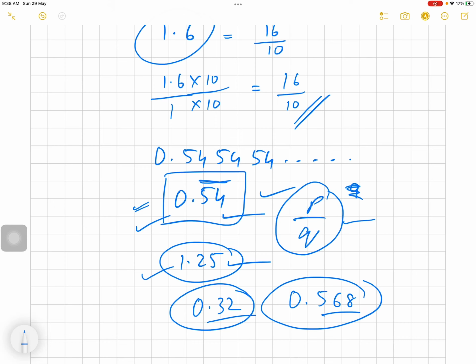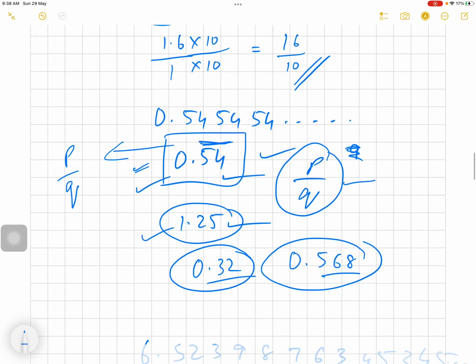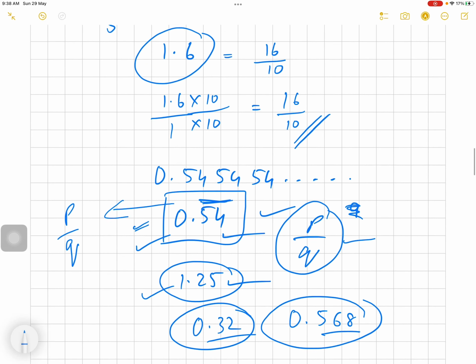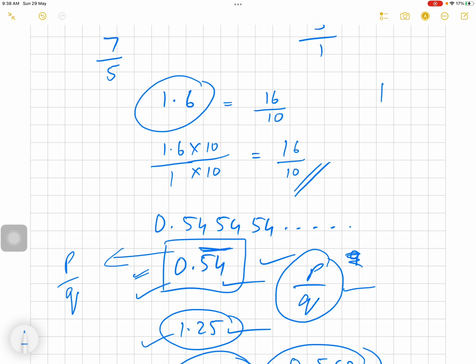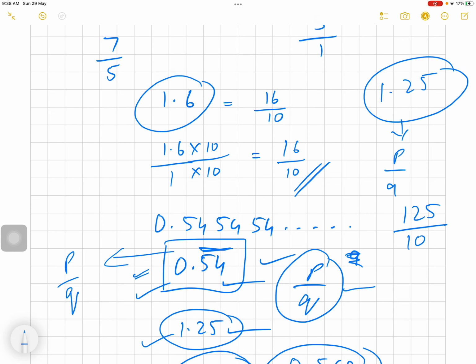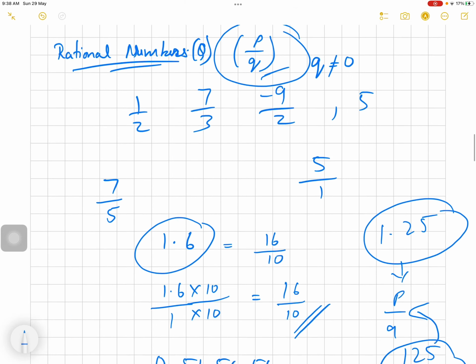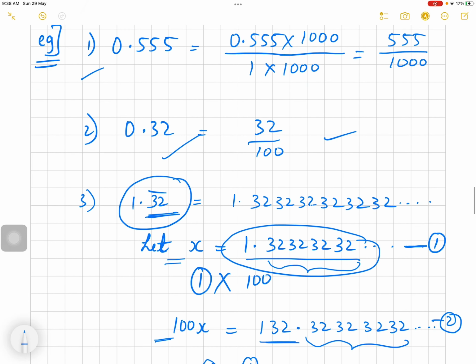A decimal number which is recurring is called a rational number because it also can be written in the form of p by q. The numbers which are terminating, for example 1.25, this is also a rational number because this can be written in the form of p by q. So 1.25 can be written as 125 divided by 100. So this is also a rational number.